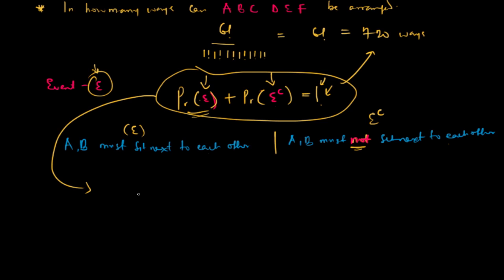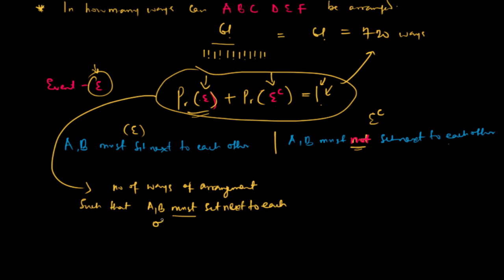So E is the number of ways of arrangements such that AB must sit next to each other. So this is representing E.